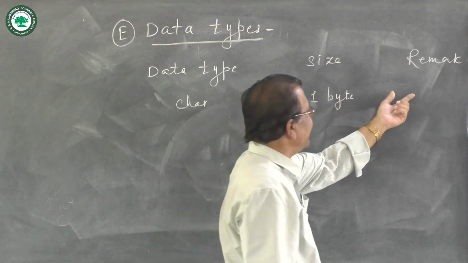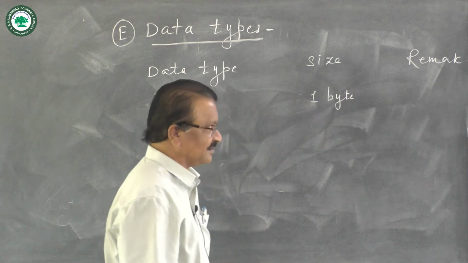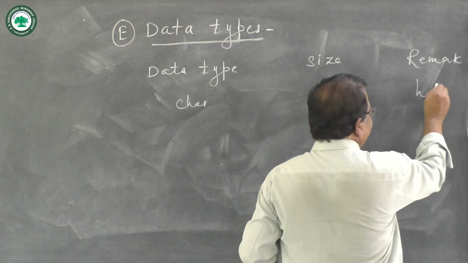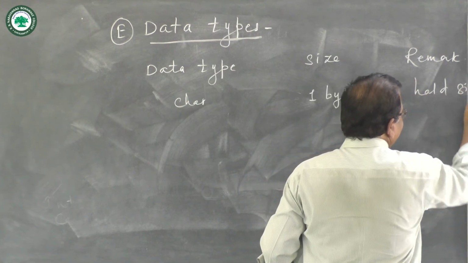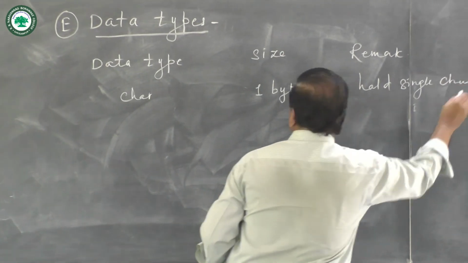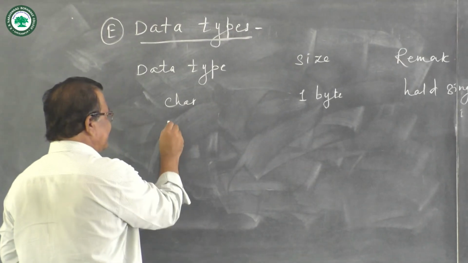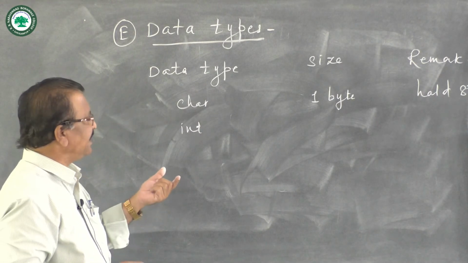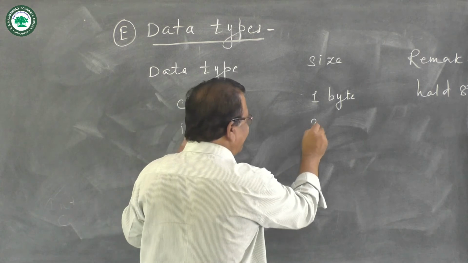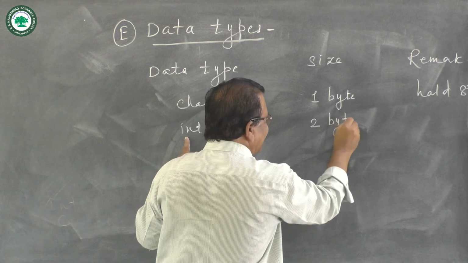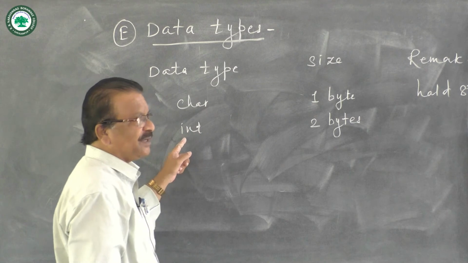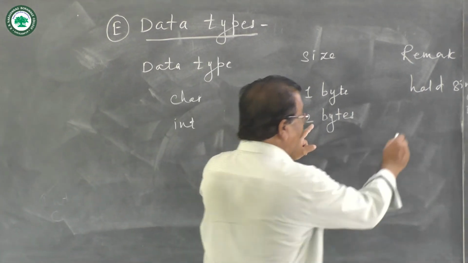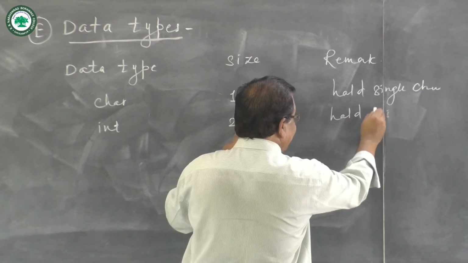So in the remark, it will hold a single character. The second data type is integer. When you declare a particular variable as an integer type of variable, then inside memory 2 bytes get reserved to store that particular integer data atom, and it can hold a single integer.